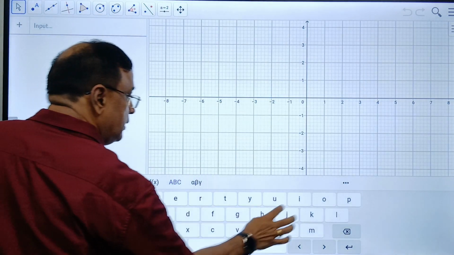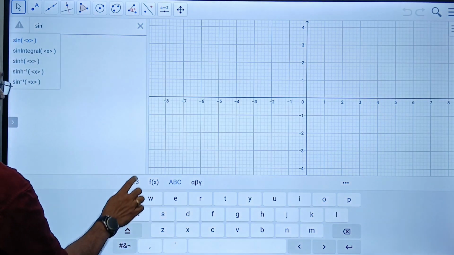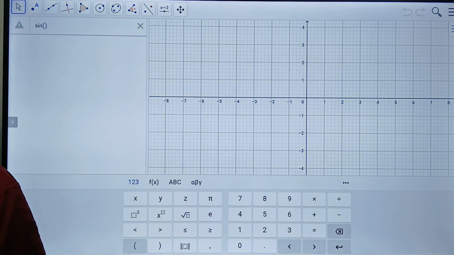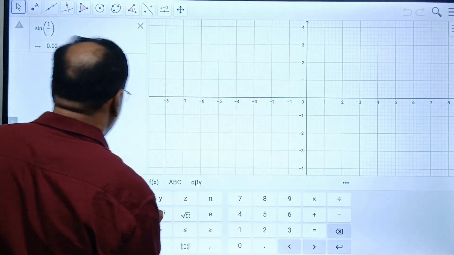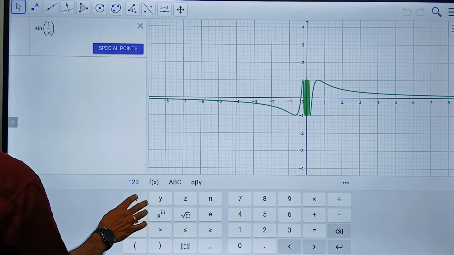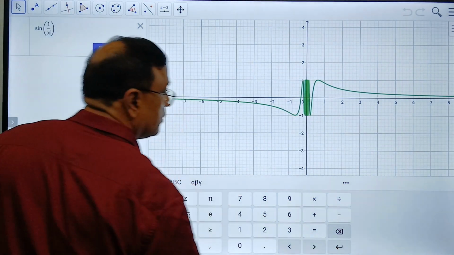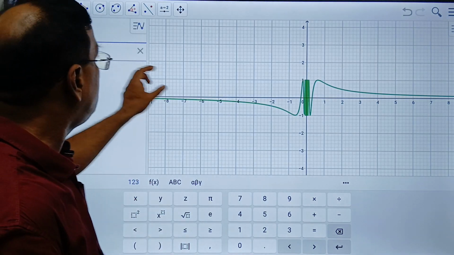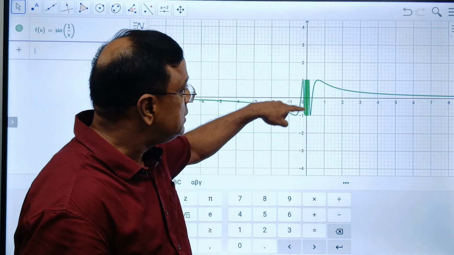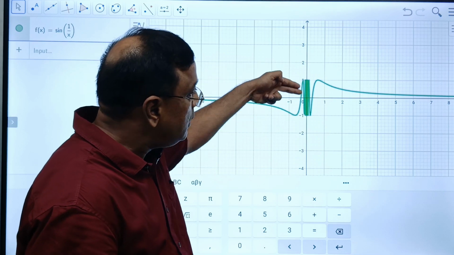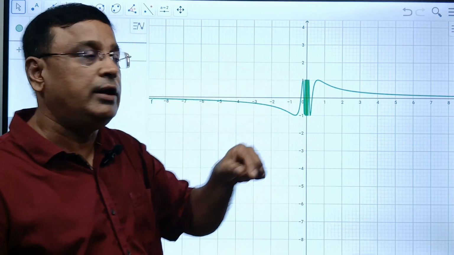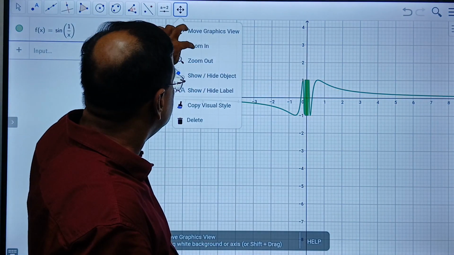It is sine of 1 divided by x. Look at the graph. So this is the graph of sine 1 by x. It oscillates between +1 and -1. It does not converge or tend to a particular value. If you want, I can just zoom in and show you.